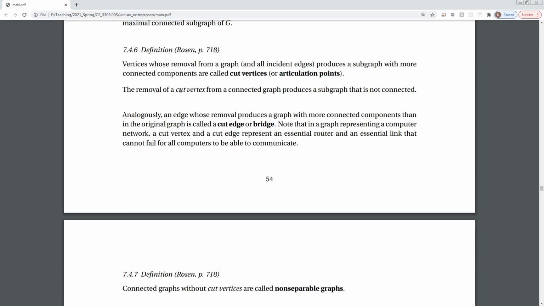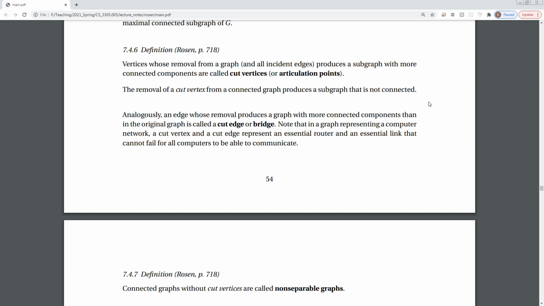The removal of a cut vertex from a connected graph produces a subgraph that is not connected. And keep in mind that we've said that multiple connected components would result. Not connected and multiple connected components, perhaps counterintuitively, are essentially the same thing.